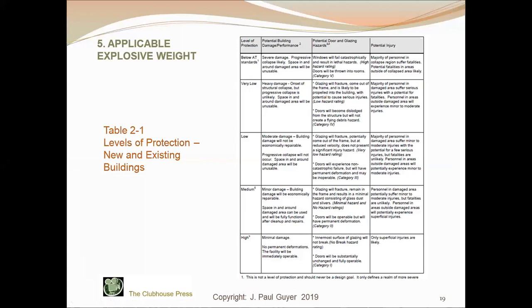Column 2 is the potential building damage performance, with the level of protection being very low. As an example, the building damage performance potentially is heavy damage, onset of structural collapse, but progressive collapse unlikely.